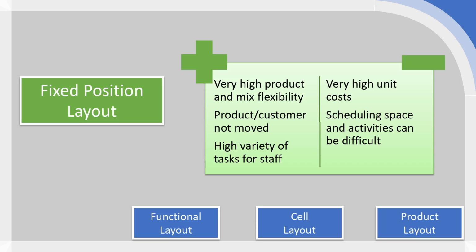So the customer is seated and work happens around the customer. Scheduling can be difficult. So in this case, you only really have one hairdresser, or at the most, I guess, two if needed, working on the customer at any one time.